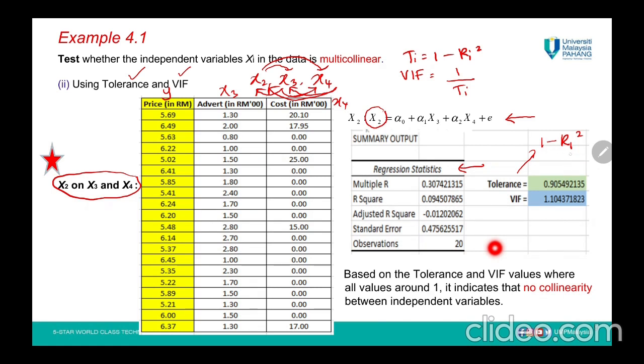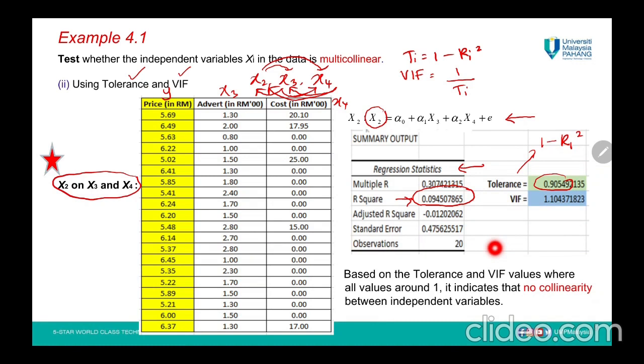We can get the value of R1 squared from the regression statistics, in the part of R square. By applying the formula, we get the value 0.9055 at 4 decimal places.